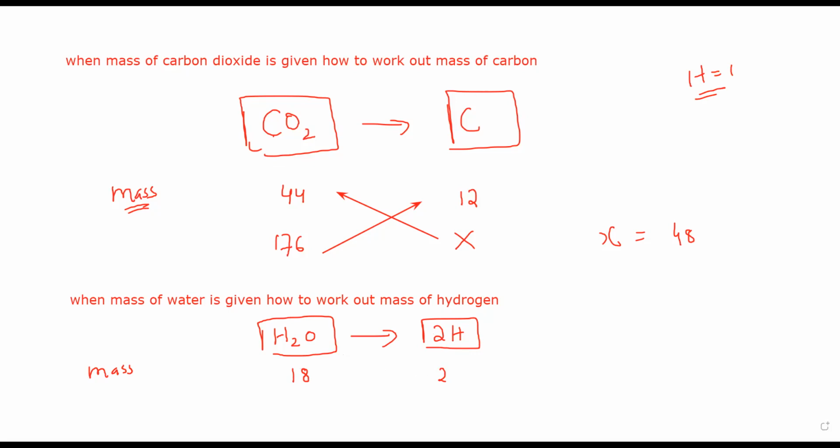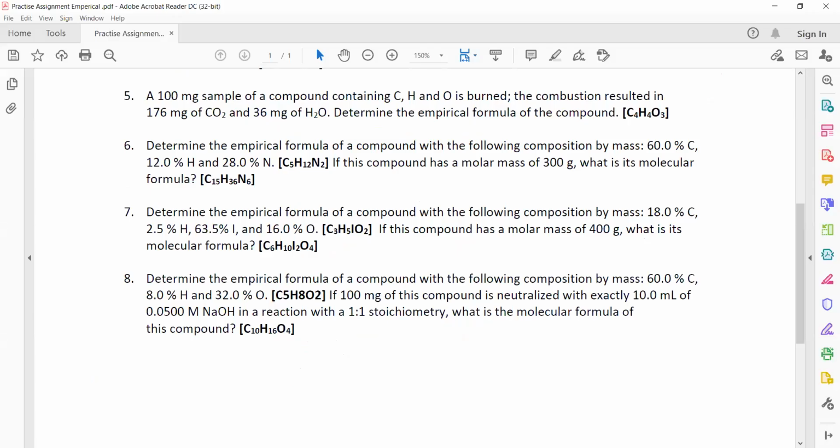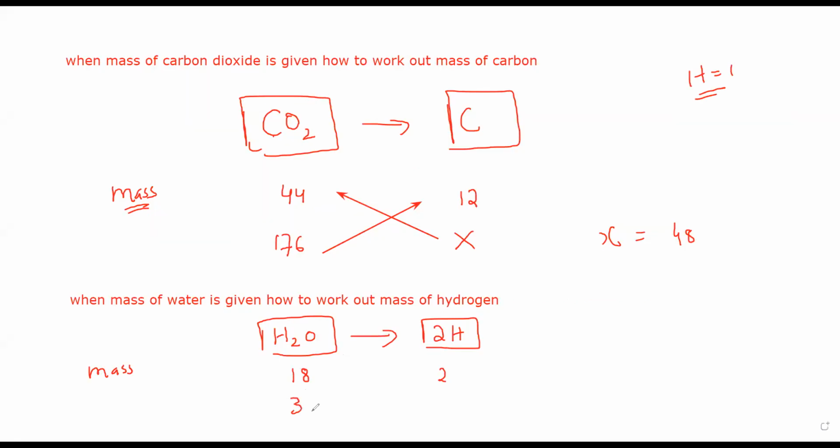And in the question, how much water is given to us? We have 36 milligram of water. So if we have 36 milligram of water, how much hydrogen will be there?